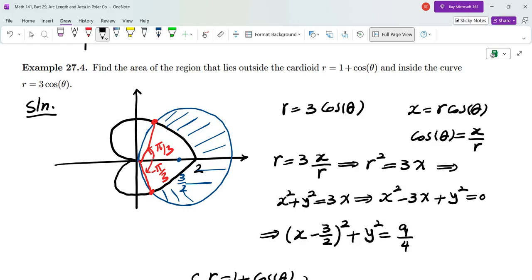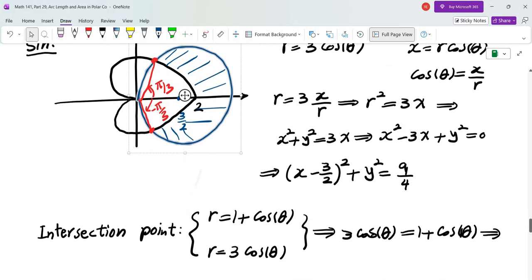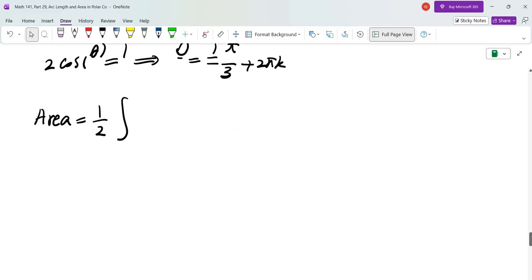So we can find the area of the top part and double, or we can just find the area from negative pi over 3 to pi over 3. It doesn't really matter all that much. I'll just do the top part and then double that. So this is 1/2 the area from 0 to pi over 3, but then I have to double that.